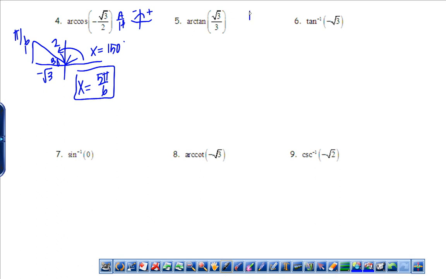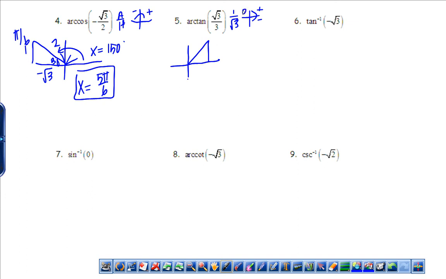Okay, arctan. Tangent is the side where this is positive and this is negative. Again, this is like number 3, where I had root 2 over 2. So this is the same thing as saying 1 over root 3. This is the unsimplified version. So this is what I'm going to work with. Since tangent is positive, I'm going to go in the first quadrant and build my triangle.